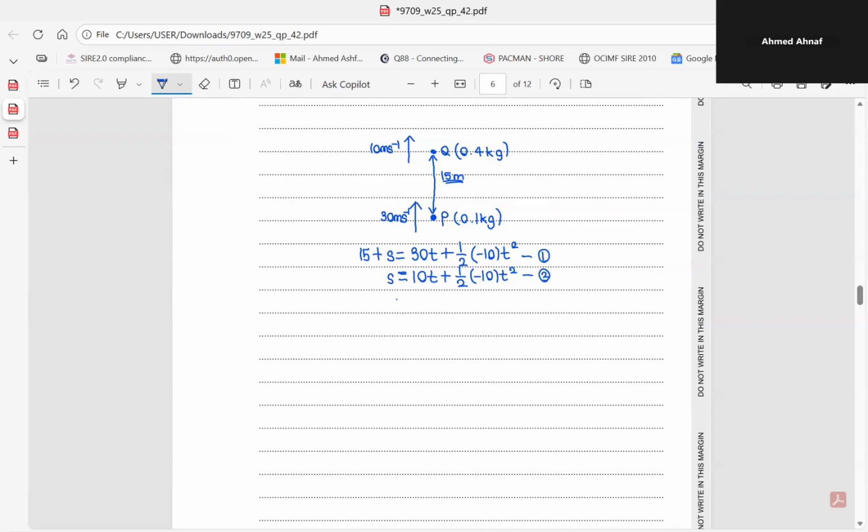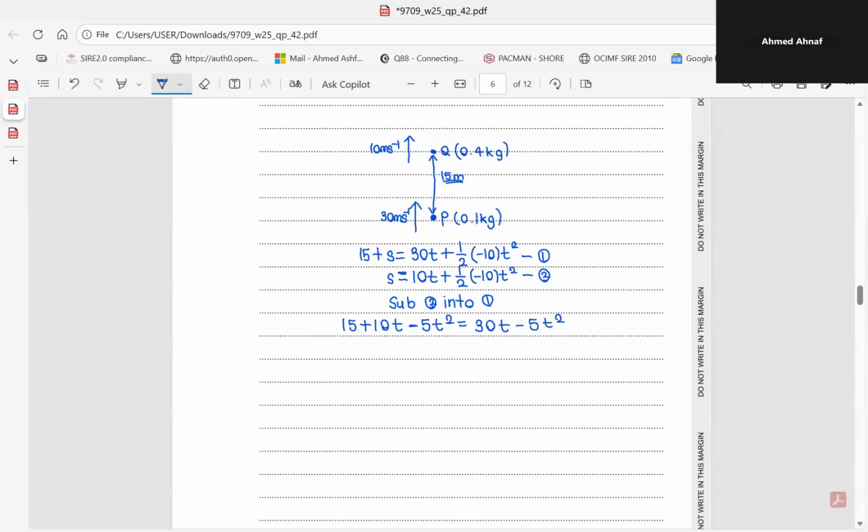So these are our two equations. Now we'll just sub the second equation into the first equation. So 15 plus 10t minus 5t squared equals 30t minus 5t squared.